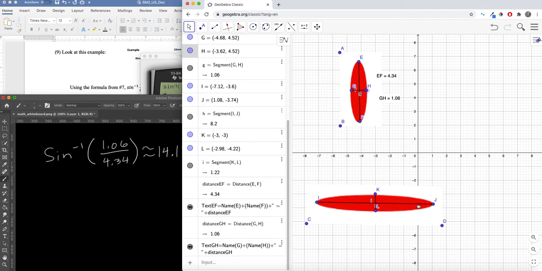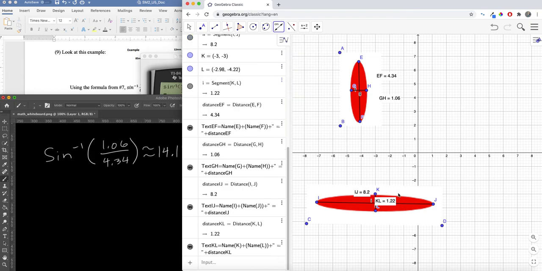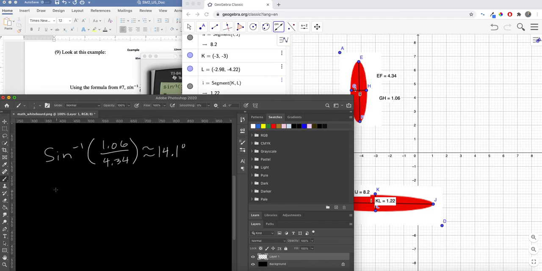So I drew my length and my width over here, and then we're going to do the distance. And so that's the length. Get that out of the way if we can. And then the width. Okay, we got both those. So just set up my equations. So the inverse sine.